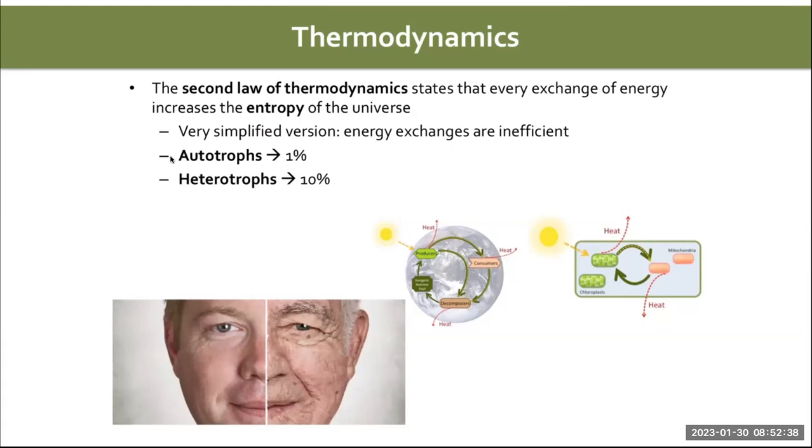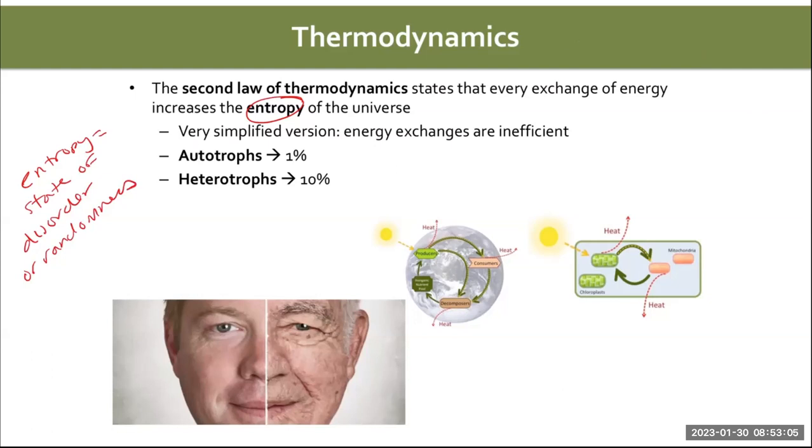Another way to think about this is in terms of entropy. So that word entropy refers to randomness. So entropy is a state of disorder or randomness. Okay, or really kind of uncertainty.